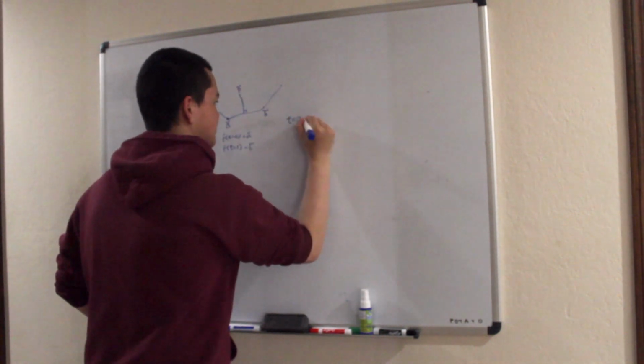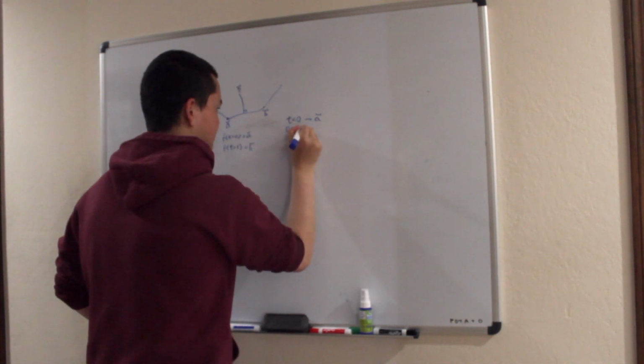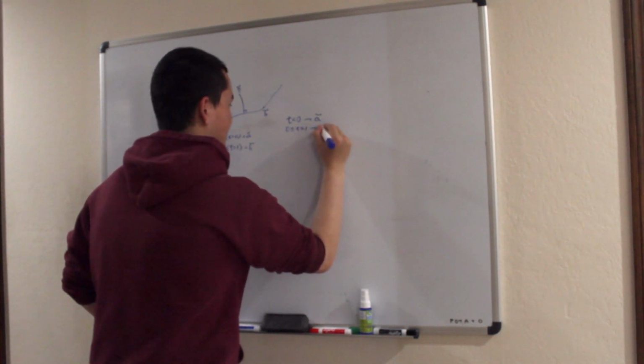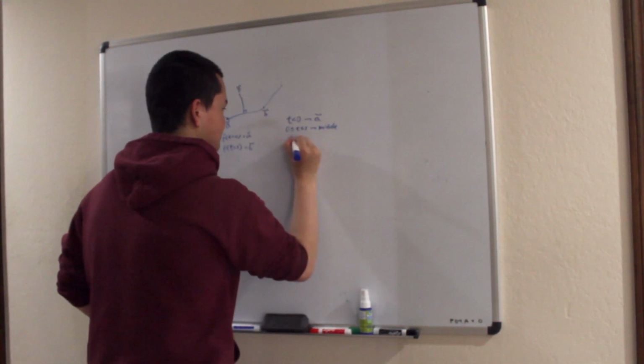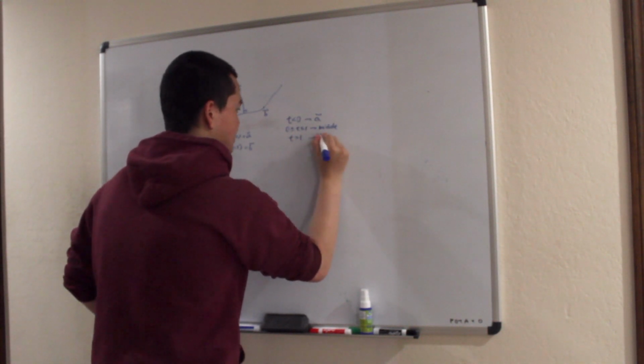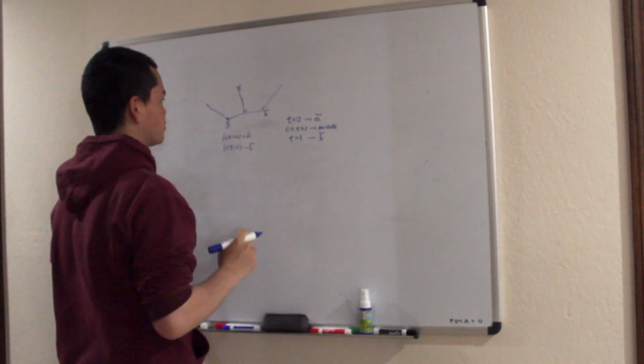Specifically, if t is smaller than 0, then A is the closest. If 0 is smaller than or equal to t is smaller than or equal to 1, then it's in the middle. And if t is greater than 1, it's B.